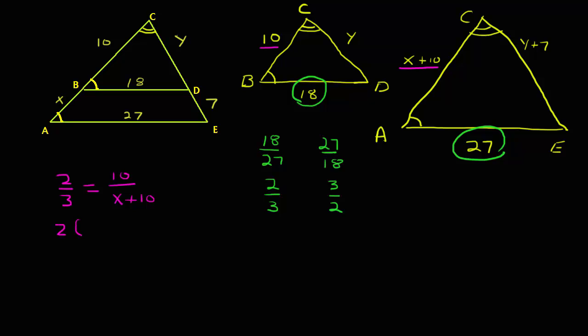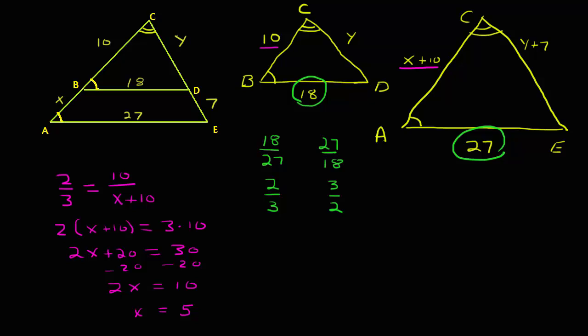So I have 2 times x plus 10 equals 3 times 10, or 2x plus 20 equals 30. Subtract 20 from both sides. We get 2x equals 10, divide both sides by 2, and x is equal to 5.